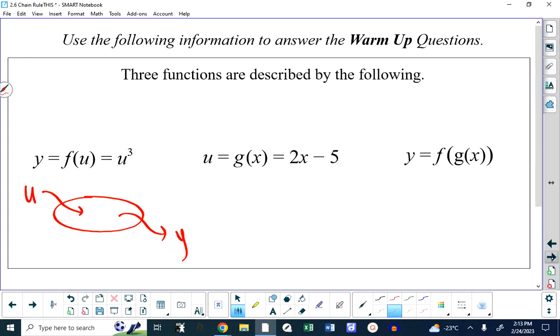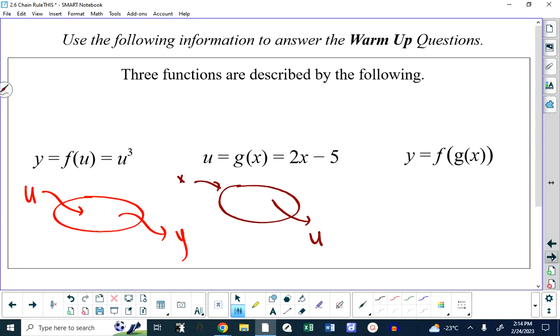What it means is that you can calculate y knowing the value of u. It's like u is our x. And then we have another function, u equals g of x, and that means that x goes in and u comes out.